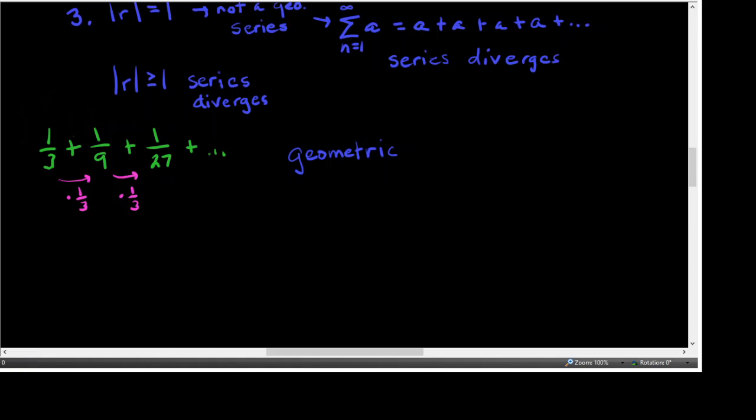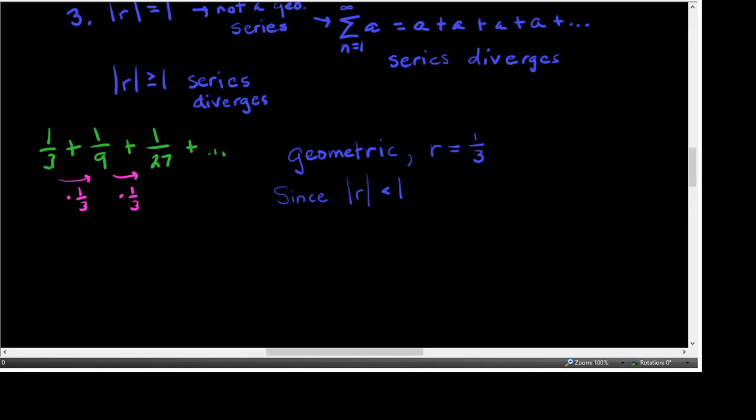And for the geometric series test, I will require that you tell me what R is, the common ratio, the common number that we're multiplying by to get the next term each time. It's 1/3. Then I want you to say something like, since the absolute value of R is less than 1. Notice I'm not writing absolute value of 1/3, but generically, the absolute value of R is less than 1. That's a test statistic for this test of geometric series.